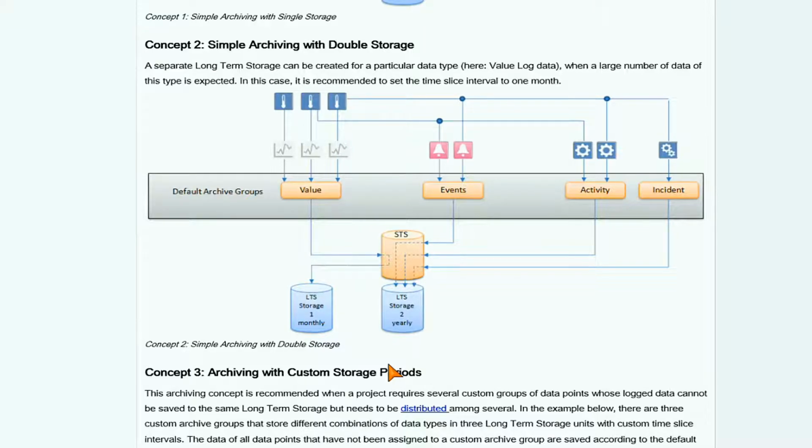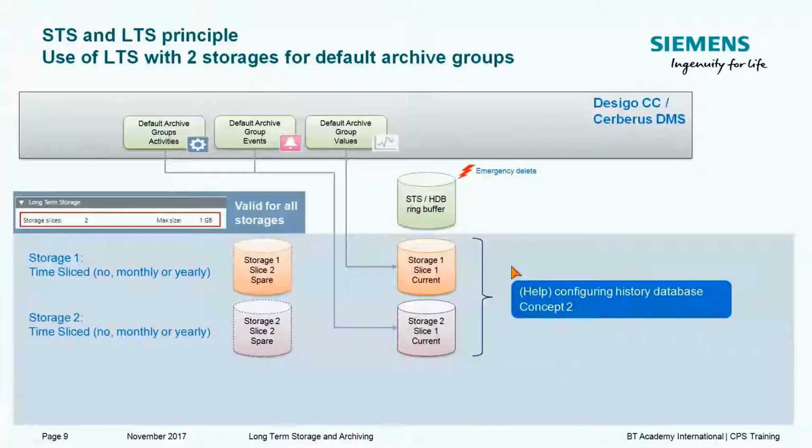Coming back to this screen, what could be reasons to have one or more storages? The reason could be that the activities and the events have a lower data load than the values. The values I'm expecting to have a much higher load. So I'm keeping them in one storage.